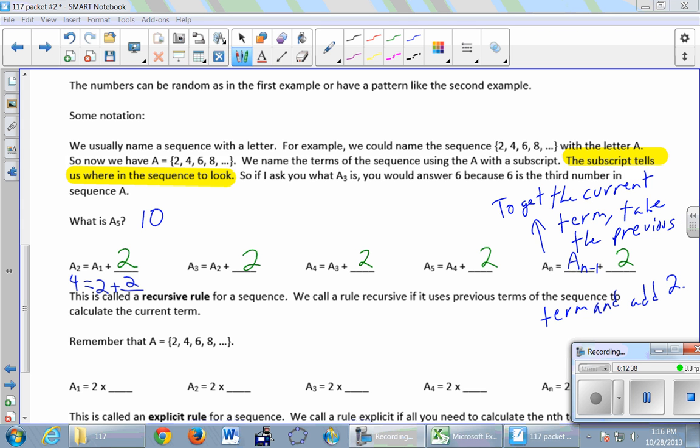So maybe this is worth writing over here. We're going to say A sub n, we're just going to call that the current term. And then A sub n minus 1 is called the previous term.